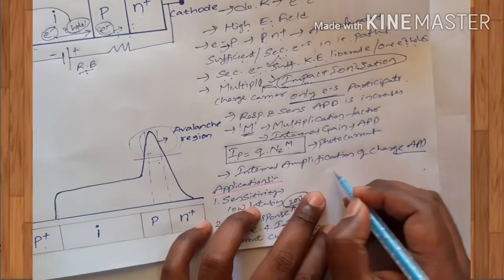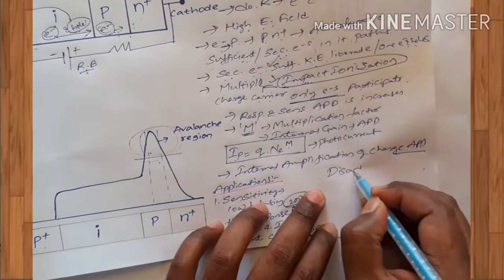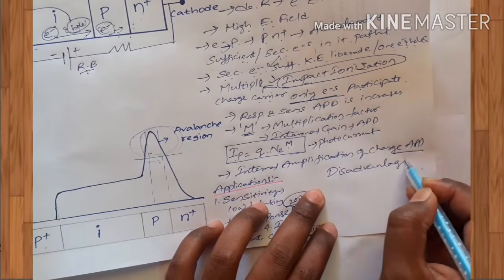Now we will discuss the limitations or disadvantages of avalanche photodiodes.